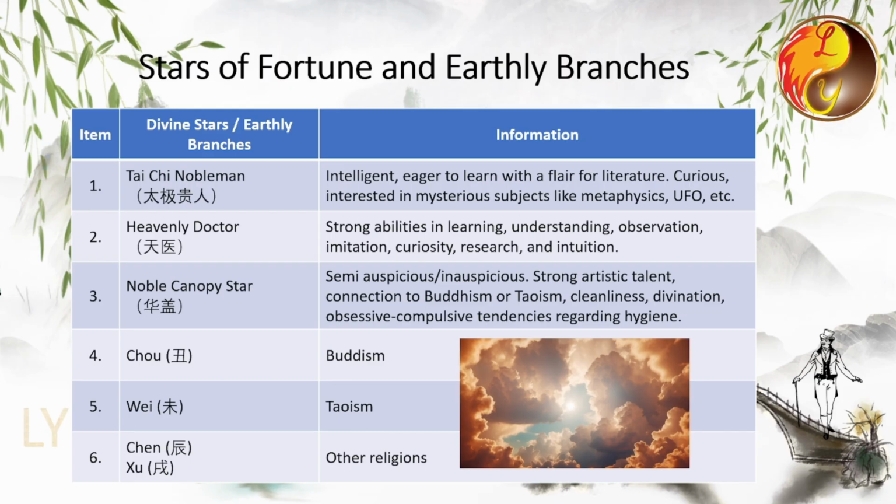It refers to outside religions such as Christianity, Jesus, Islam, and similar faiths. It can also include certain local deities worshipped in different regions. Whichever palace these characters appear in indicates which family members are likely to have religious beliefs.